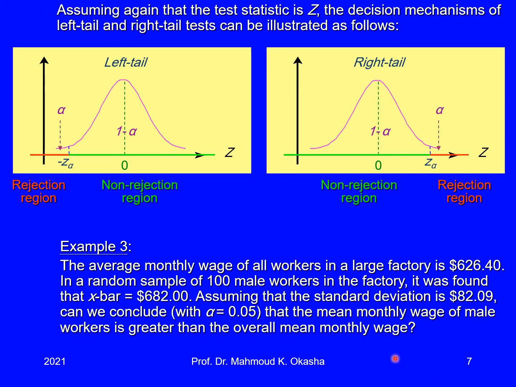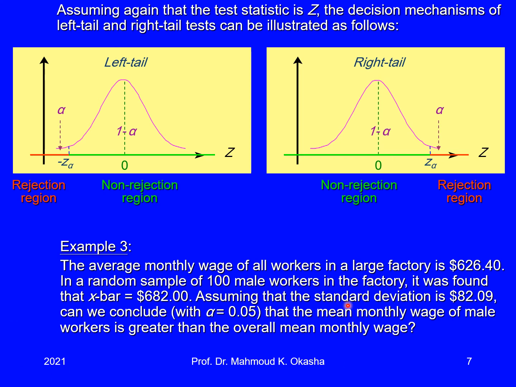The example says the average monthly wage of all workers in a large factory is $626.4. In a random sample of 100 male workers in the factory, it was found that X bar equals $682.